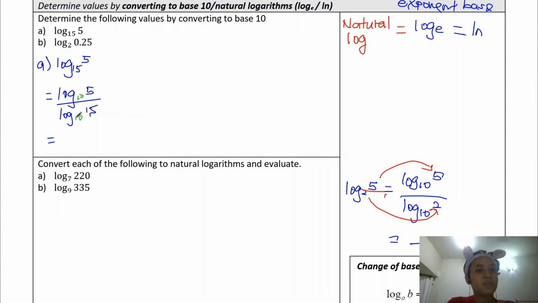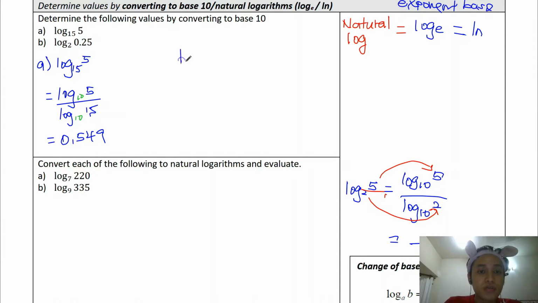Once I change it into base 10, you just punch in your calculator: log 5 divided by log 15. Then you should get your answer, 0.549. Normally they will ask you to leave it in 3 decimal places.